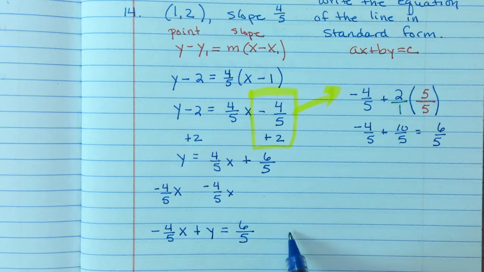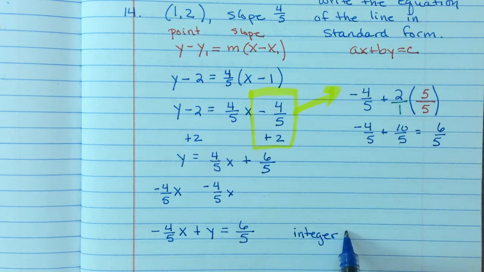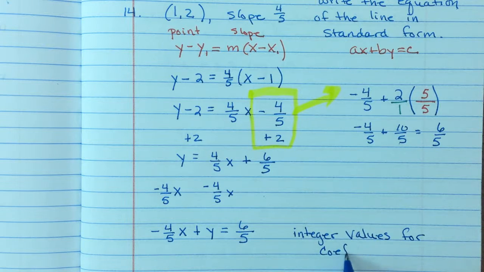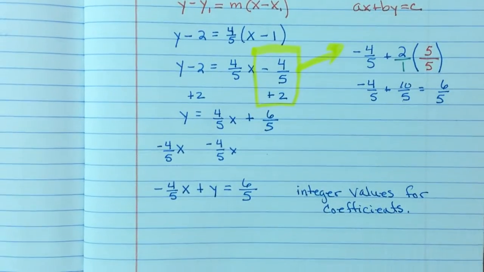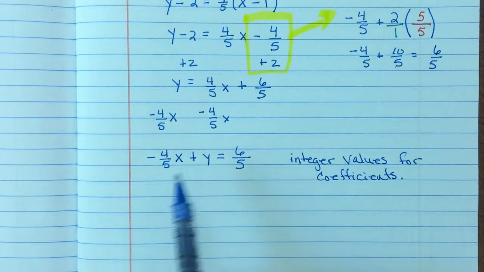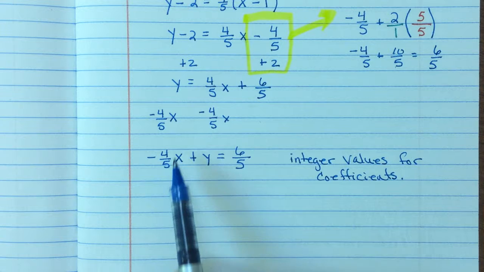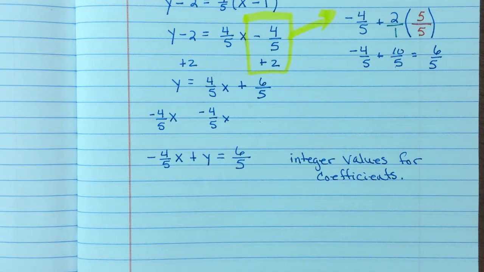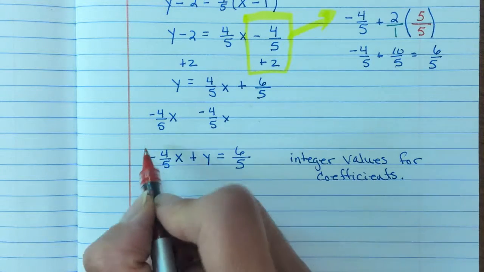Now, if I want what's called integer values for coefficients, which is typically what we do, I can't have any fractions there, either for my a or my b. I have a 5 in the denominator. I want to get that out of there.